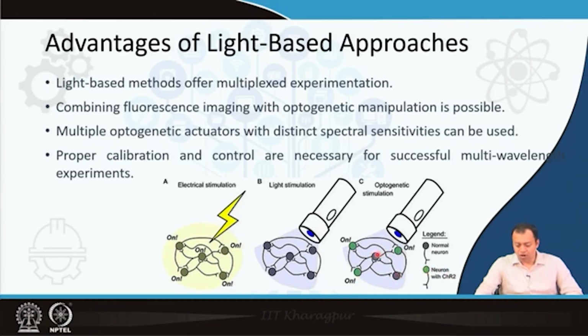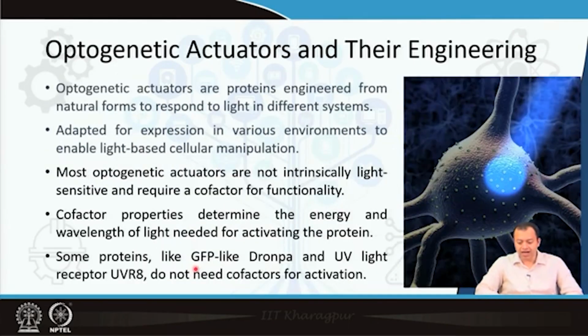Green means on, gray means off. So, you can selectively describe which portion of the neurons are on, as in case this will only happen when we have light activated protein channel rhodopsin, as compared to when none of the proteins are light activated or all of the proteins are electrically stimulated, everything is on, right.